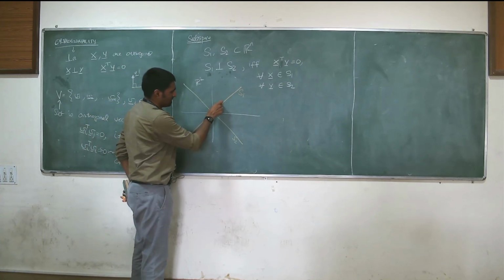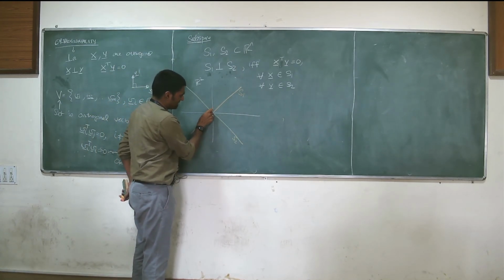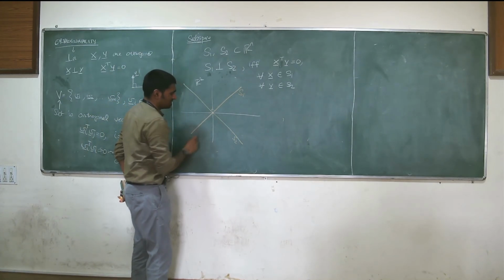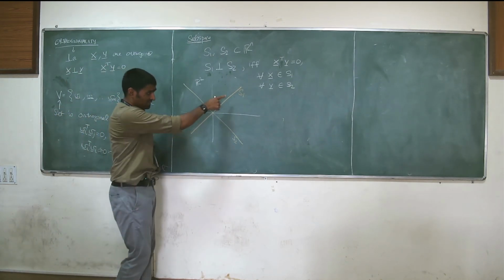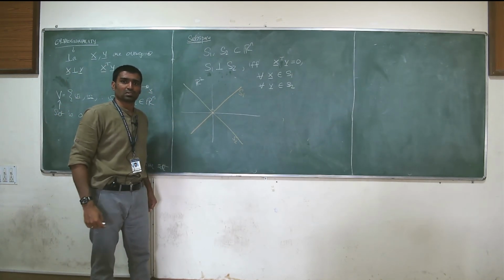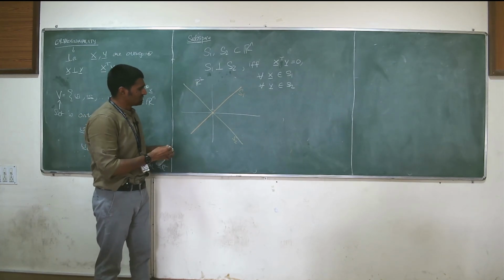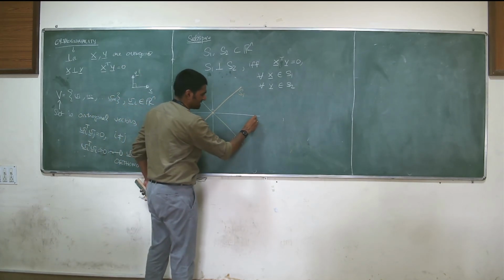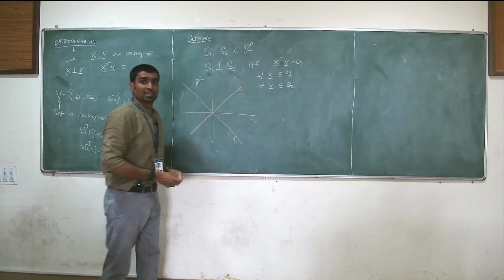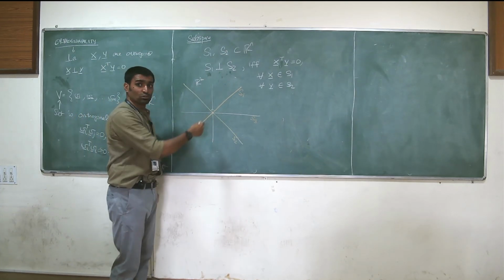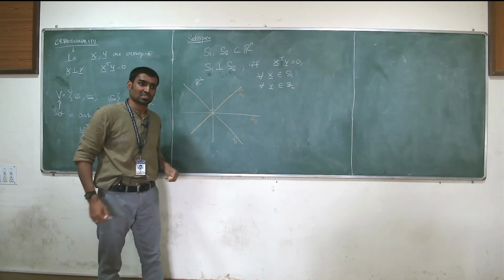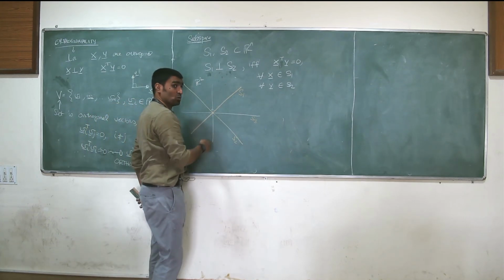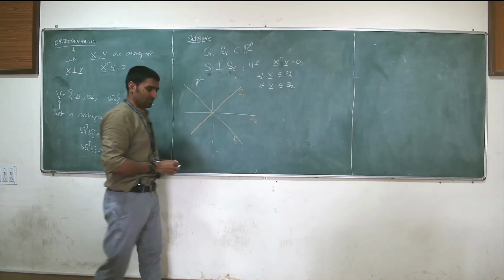Let's say the angle between these two lines is actually 90 degrees. Then you would say these two subspaces are orthogonal to each other. But if you consider a third subspace, S3, S3 is not orthogonal to S1, and S2 is not orthogonal to S3. Whereas S1 and S2 are orthogonal to each other.